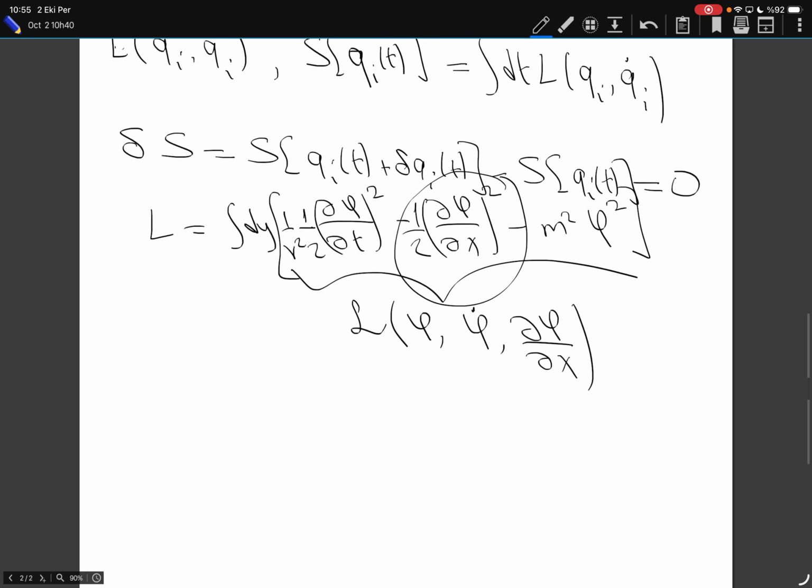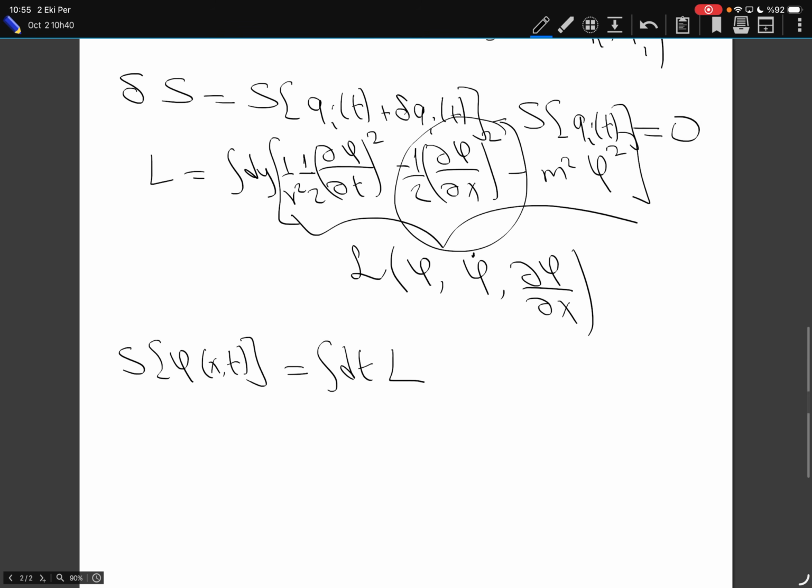My action, I can say that it's a function of phi, but phi is a function of x and t, will be given as the integral of my Lagrangian. My Lagrangian is itself an integral of the Lagrangian density.